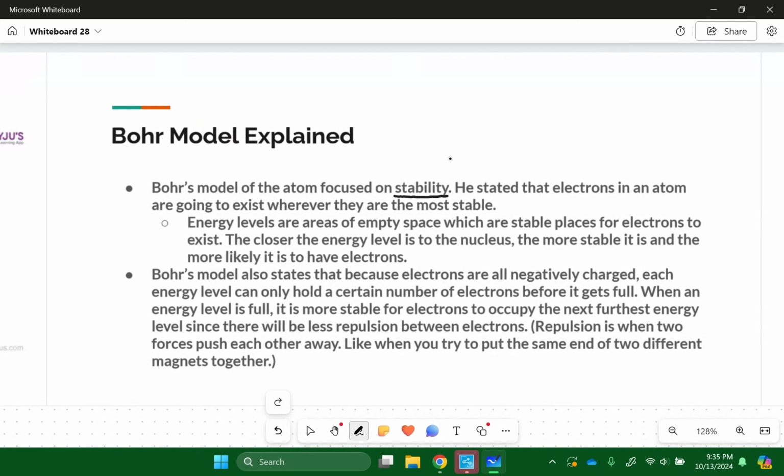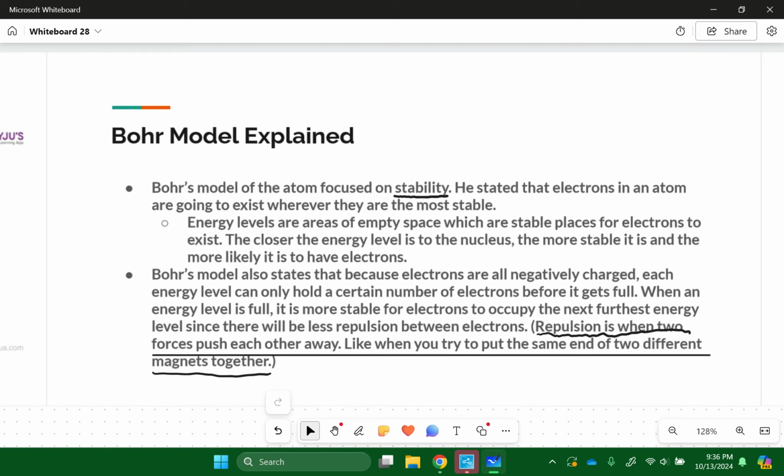Now, repulsion is not a common word, but repulsion is when two forces push each other away. It's kind of like when you try to put both negative ends or both positive ends of two different magnets together, they push each other away. That's called repulsion. So repulsion is basically any kind of force that pushes two objects away from each other.